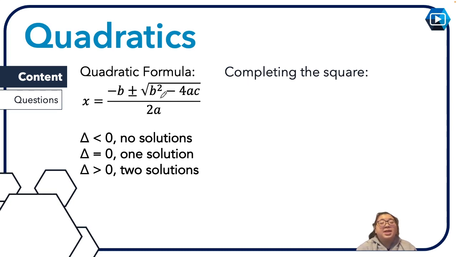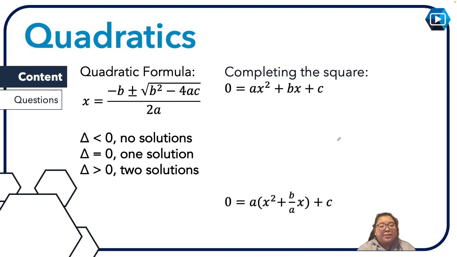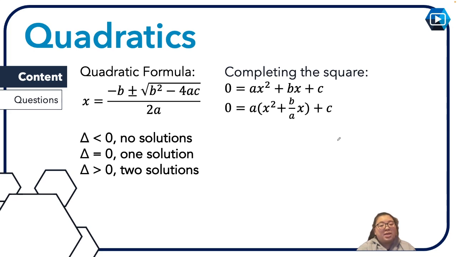An alternative method is completing the square, which I like quite a lot. Sometimes it gets a bad rep, but essentially it's the thing that produces the quadratic formula. So you start off with x squared plus bx plus c, and then you want to take the a out. Some people take a out of the whole thing. I just take a out of the first two components, because you're going to take it out and then put it back in for the c anyway, so I just leave it outside.